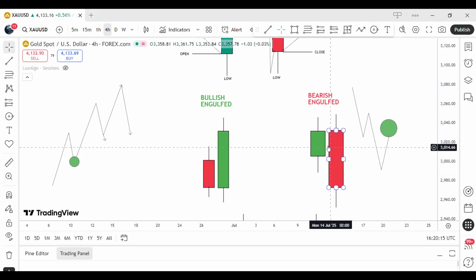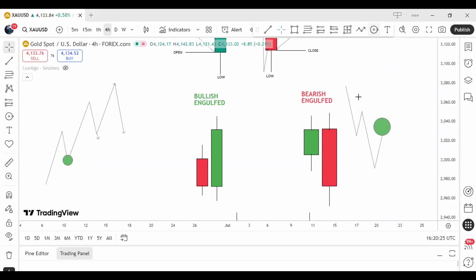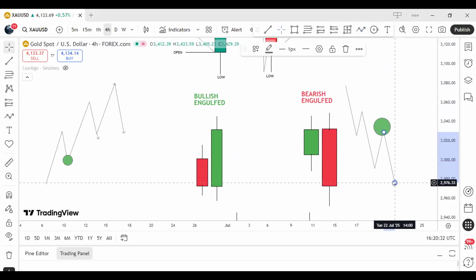We can likely say that at this point price is likely to start pushing to the downside, and then we can start looking for sell opportunities. Do you understand?